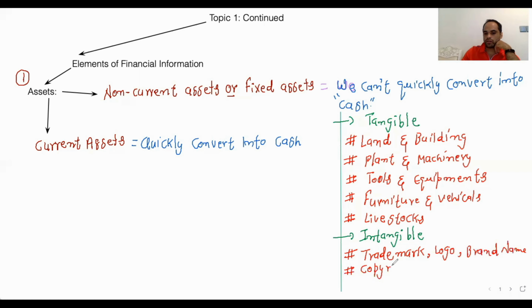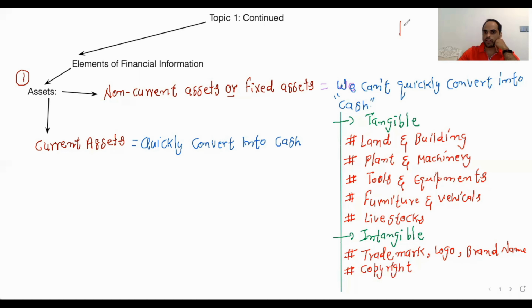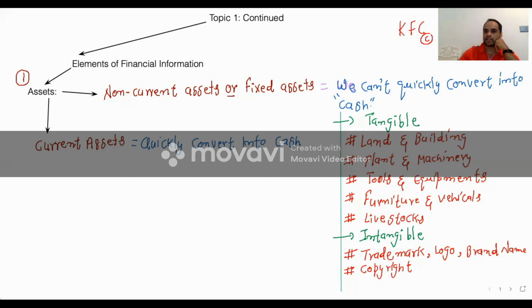Do you know copyright? What is the meaning of copyright? For example, sometimes if you write KFC, under KFC they use a C like this, or sometimes they write TM.